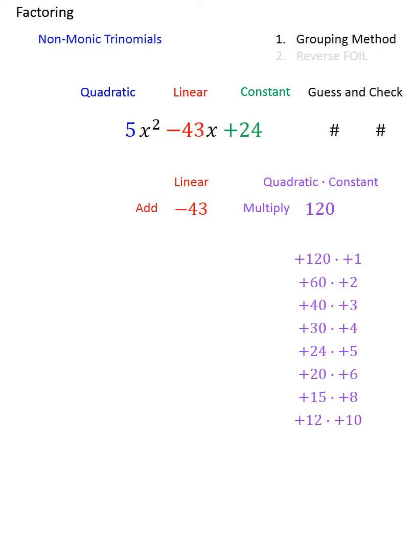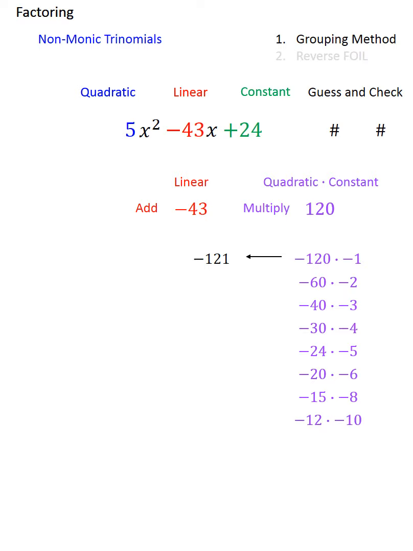But I doubt any of these will meet my objectives, because if you look at the red, we want numbers that add up to negative 43. None of these add up to a negative at all. So I thought, well, why don't I make them all negative? Their product is still positive 120, a negative times a negative being a positive, of course, but maybe one of these will add up to negative 43.